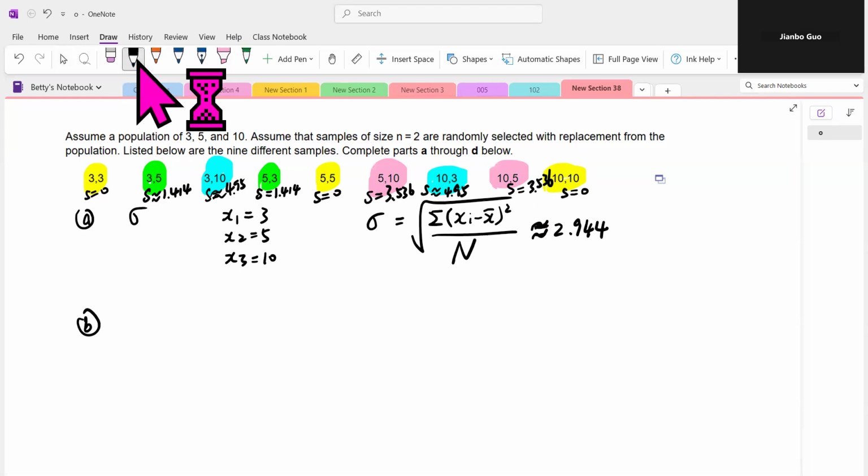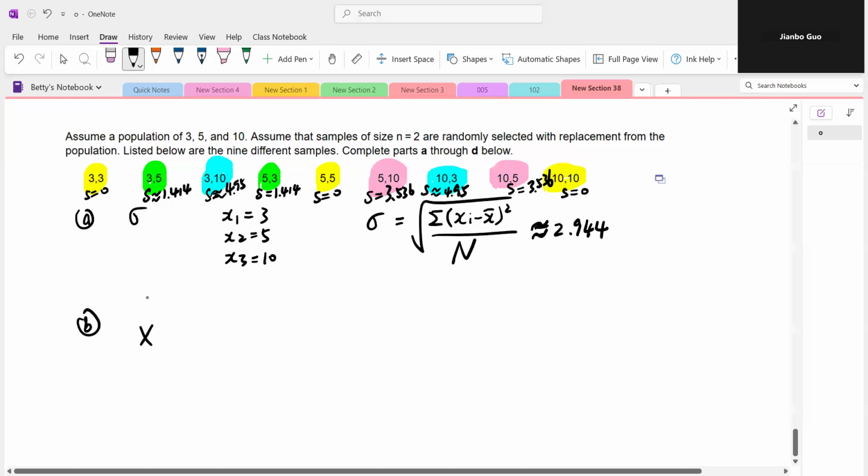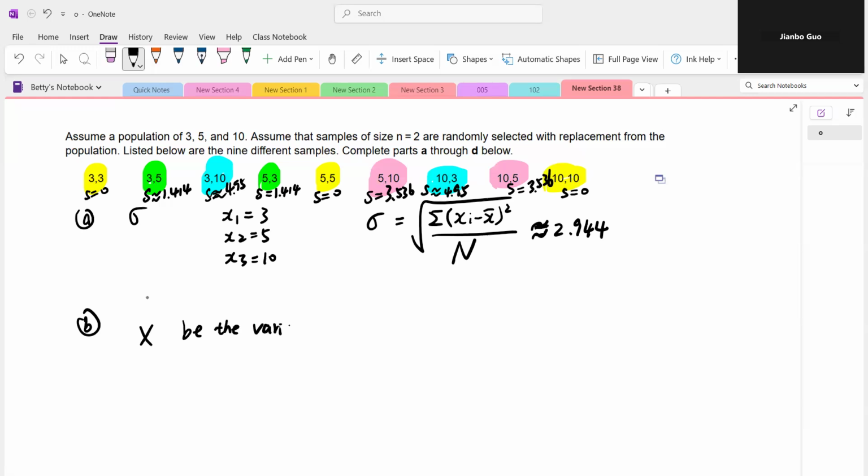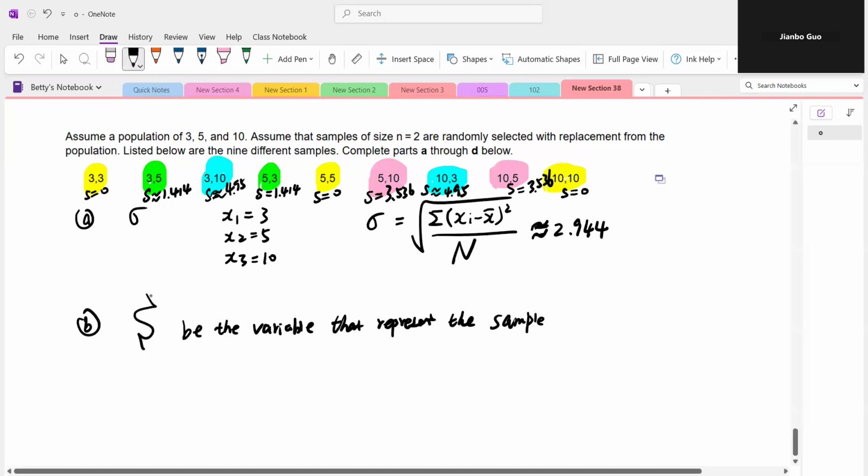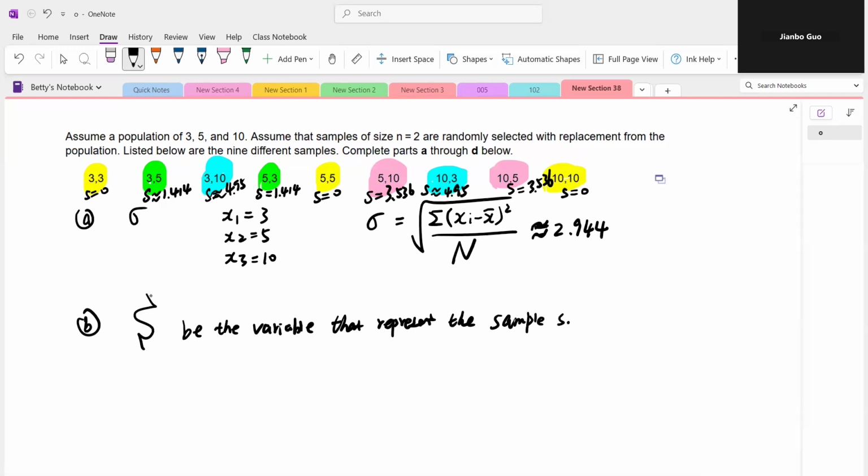Let S be the variable that represents the sample standard deviation with size 2, right?